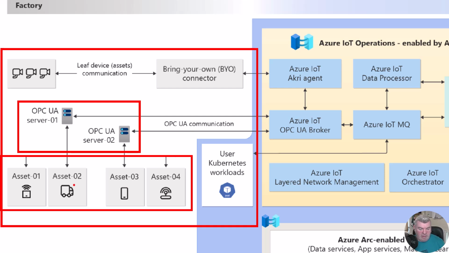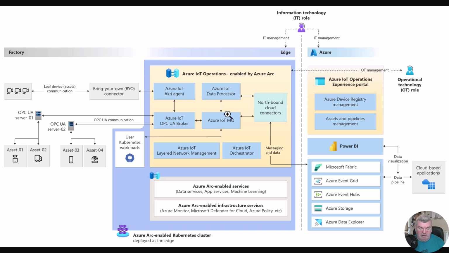So the assets here will be communicating with the servers, and the servers are then using OPC UA to communicate with the broker, which is then communicating to the MQ service. From there, we can take our data through the northbound connectors and out to things like Power BI, Fabric, and other services like that. So we'll see some of this while we're running through this tutorial.